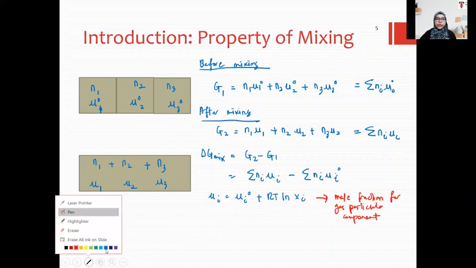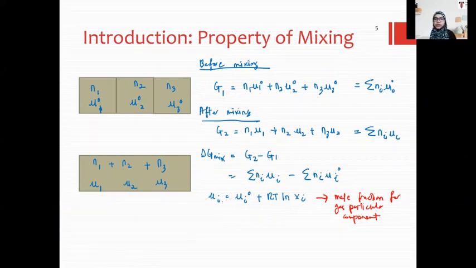Okay, and then when we replace the chemical potential with this equation, it gives us the delta G mix. Since it is based on the mole, molar delta G equals the change in the Gibbs energy over the total mole.